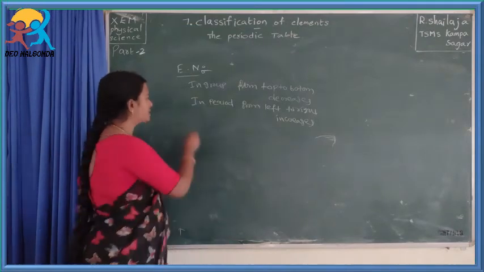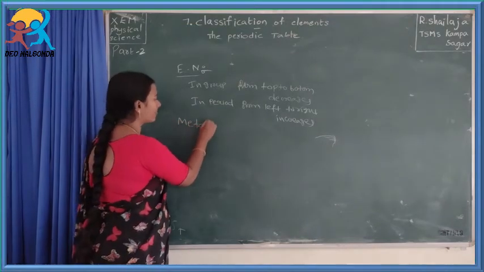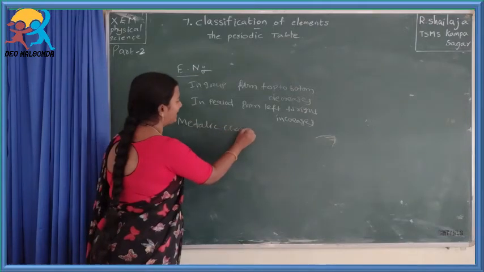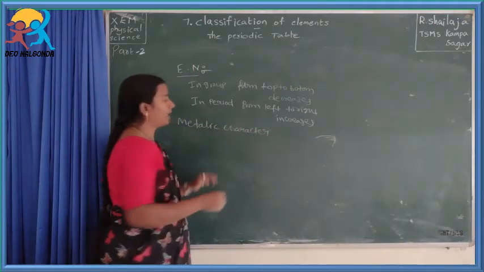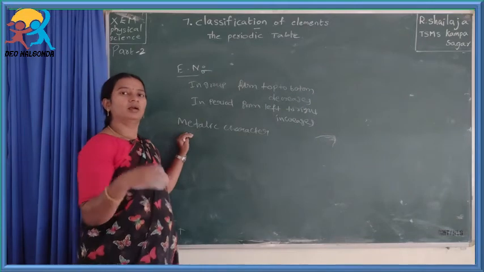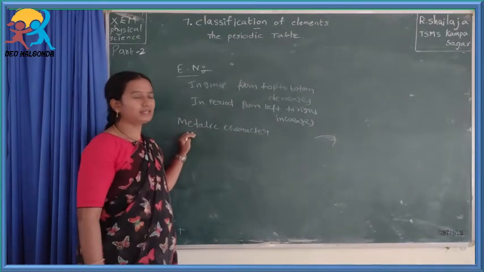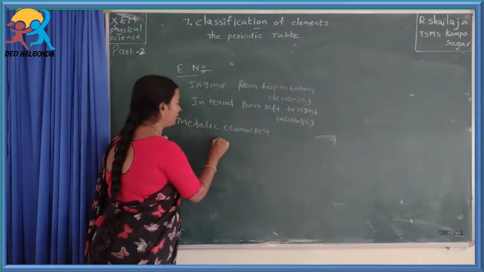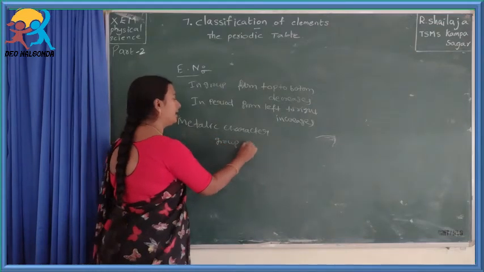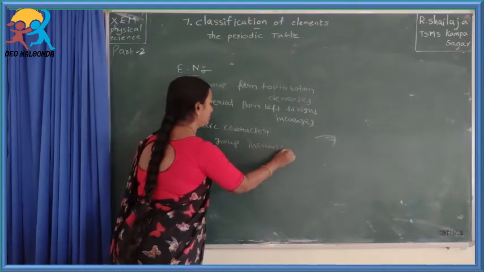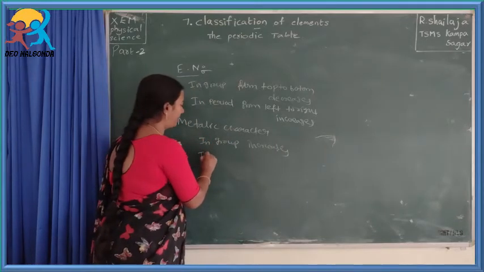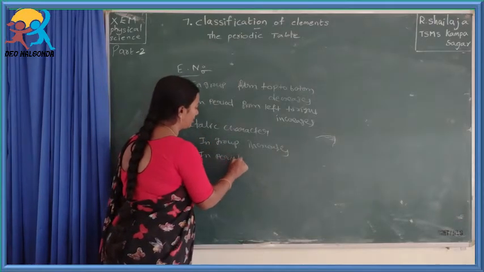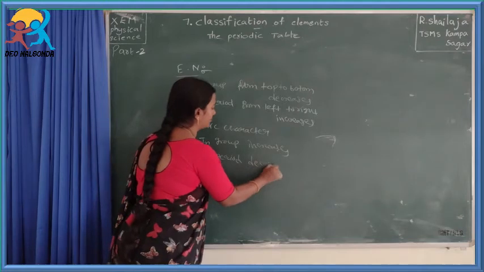Next, metallic character. All metals are electropositive elements. So the metallic nature in a group increases, in a period decreases.